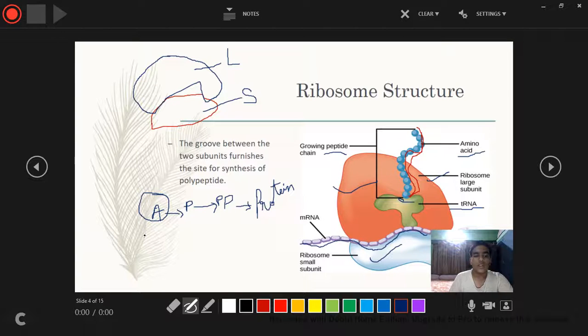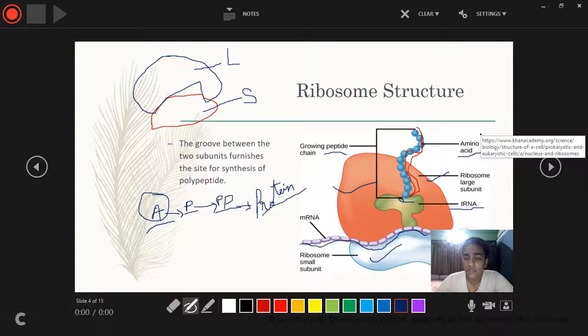Now, so many a chain of amino acids form peptide, a chain of peptide forms polypeptide, a chain of polypeptides form proteins. Okay, easy. So these are called the protein factories of the cell.